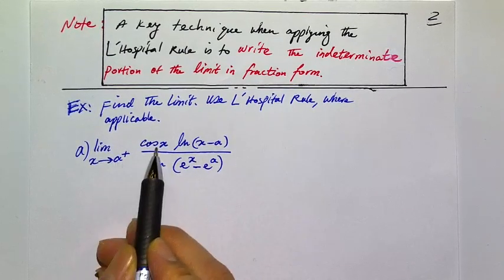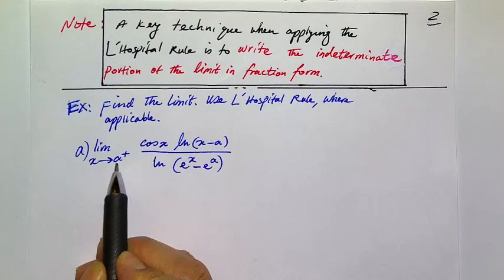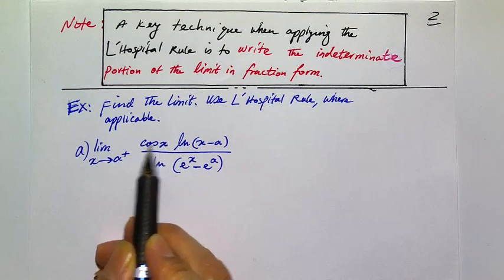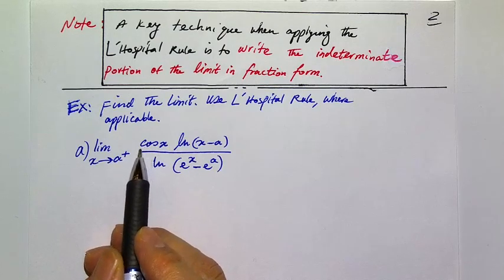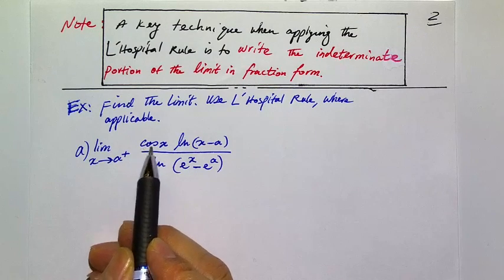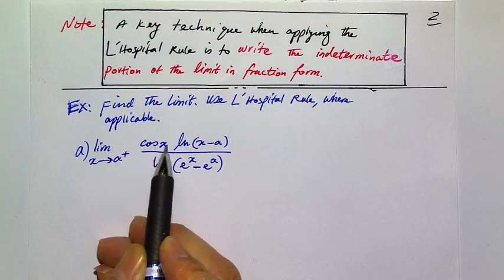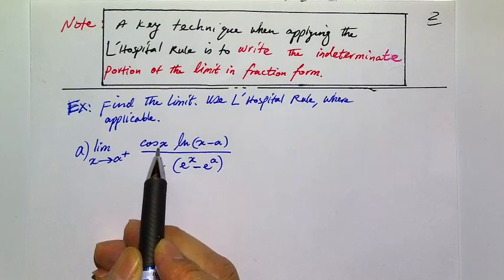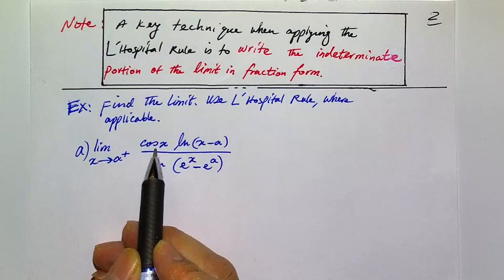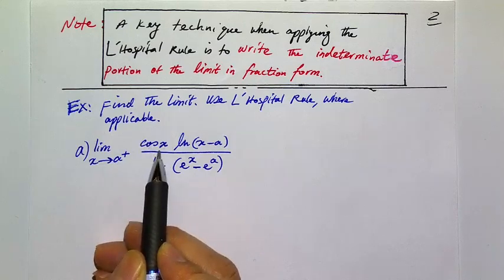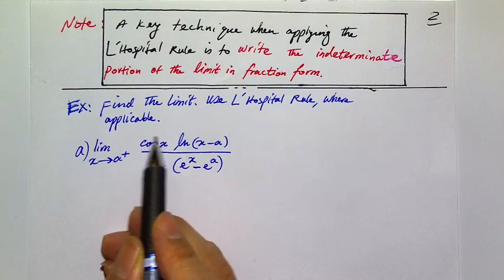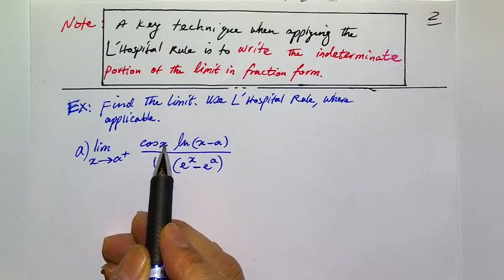Right off the bat, notice that if you take the limit of this piece, cosine of x, at a plus, it's just going to be some constant value, right? Because cosine is a function, as we learned in trigonometry, has a domain that is negative infinity to infinity. So once we take the limit of this piece, we're going to end up with a constant. So this piece is not indeterminate.